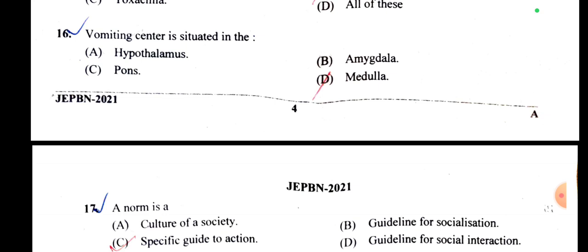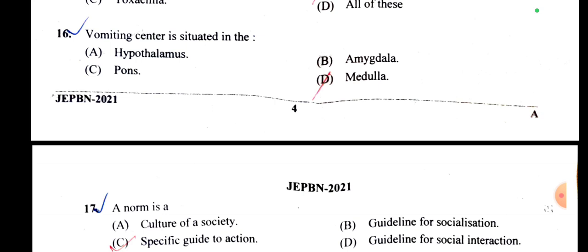And the function of amygdala is major processing center of emotion. And what is the function of pons?